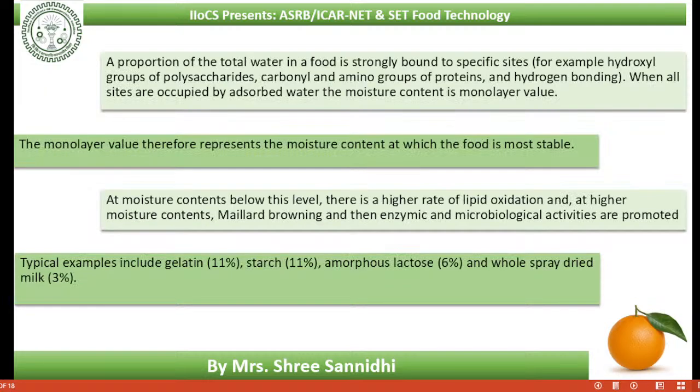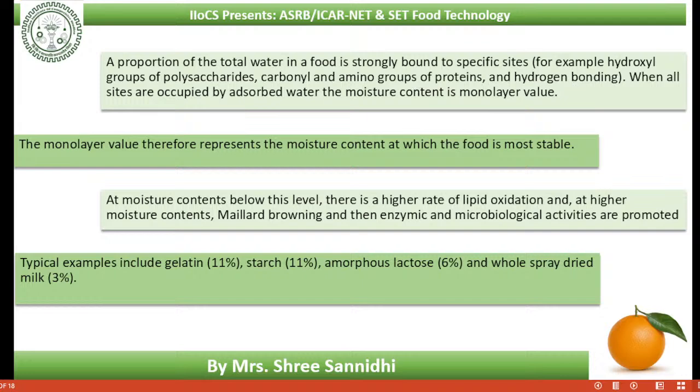A proportion of the total water in a food is strongly bound to specific sites. So this is about the bound water. Some water is strongly bound to specific sites like hydroxyl groups of polysaccharides, carbonyl and amino groups of proteins, and hydrogen bondings.